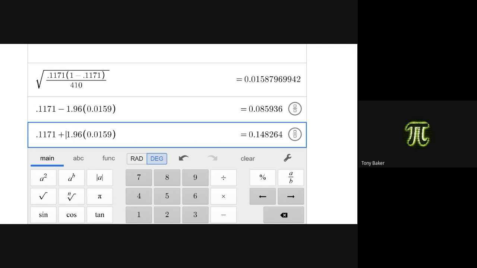So we're between 0.085 and 0.148 is the actual proportion of people who listen to this radio station.